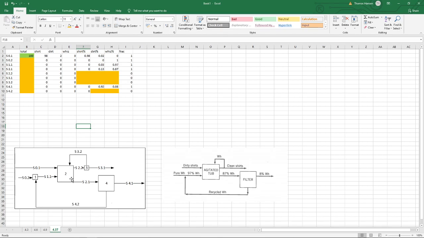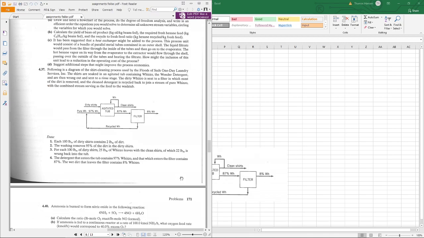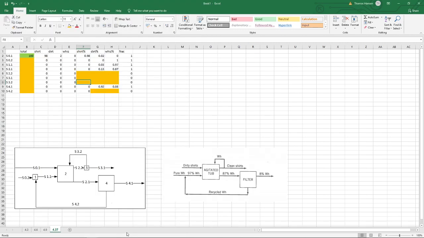Yes, in my stream 3.2, where we are actually recycling Viso directly into our agitated tank. Where does it say that? Here in data point 3, we are told that 22 pounds is recycled back into the tank. So this recycle stream contains no shirts. So we'll just add that to 3.2, no shirts, white or no fill. There we go. Now we start.